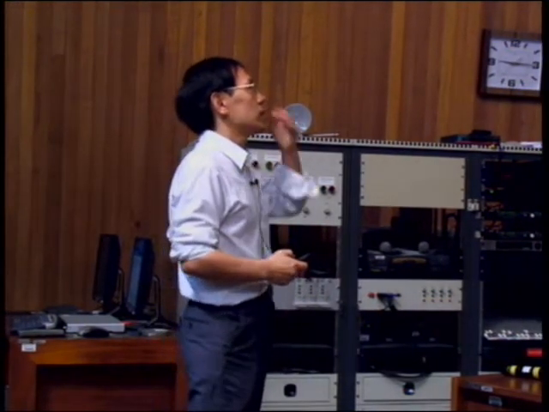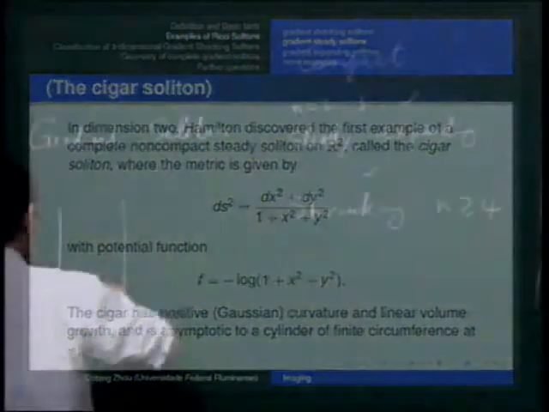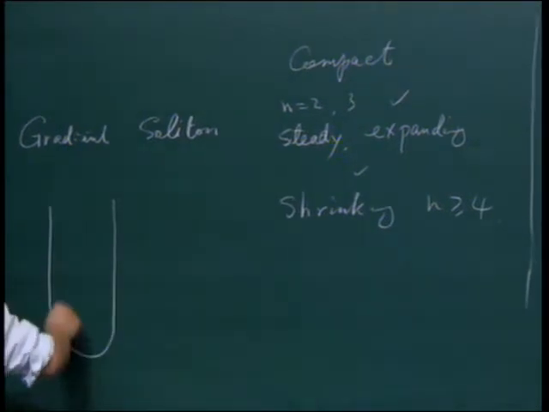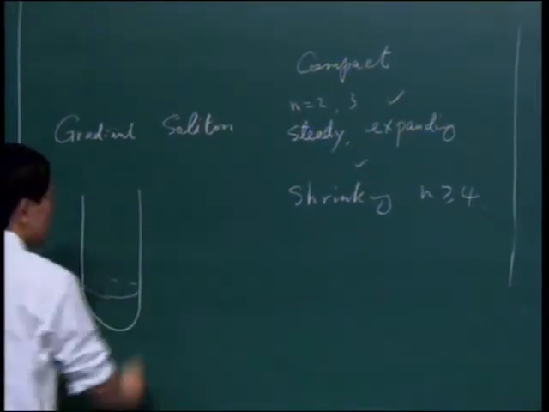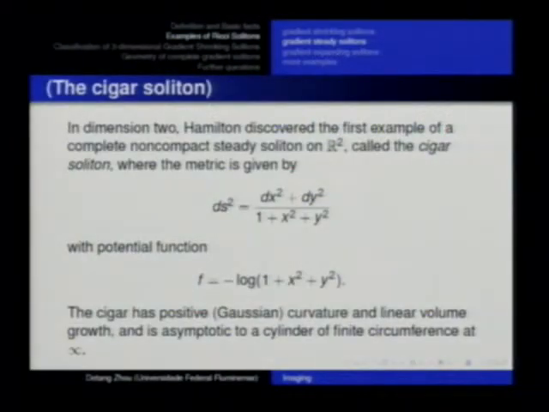For the steady soliton, the first example was found by Hamilton, which he called the cigar. It is asymptotic at infinity to a cylinder like this. So the metric can be written down as this.